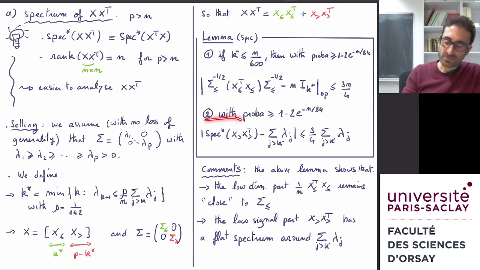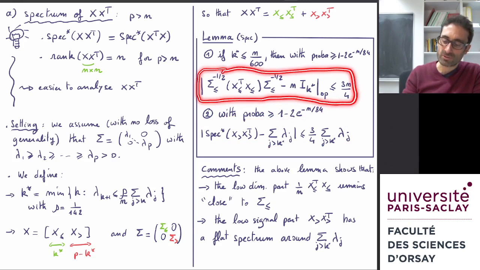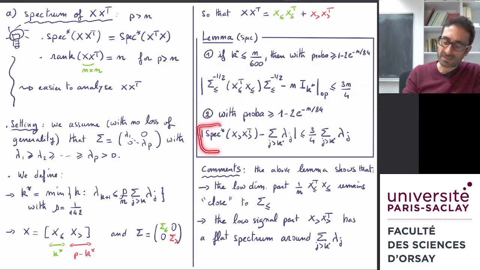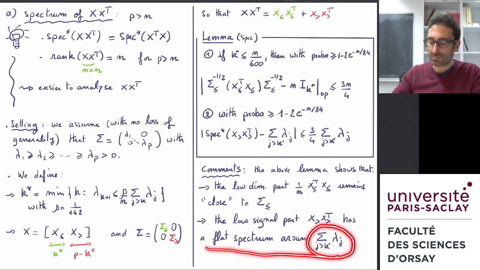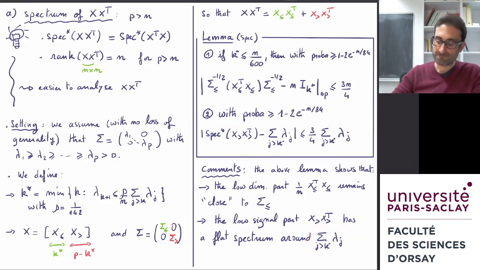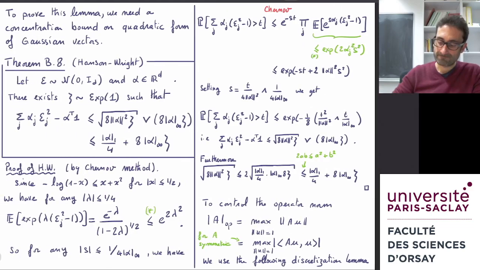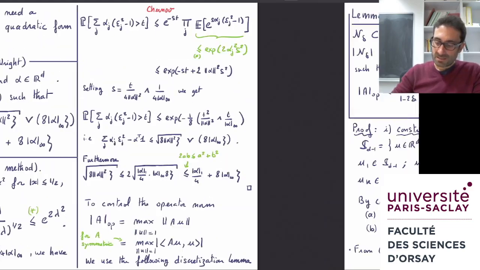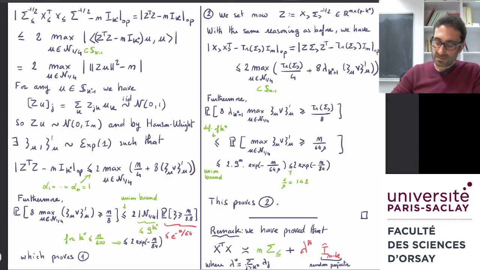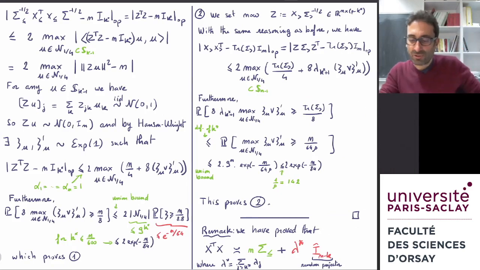So now let us move to the second part of the bound. So this is quite standard. This is really what you have when you do a low dimensional regression. What is non-standard is this part. This is this part which tells you that in the high dimensional space, you have a spectrum which is essentially flat around this value. So let us look at this high dimensional part.